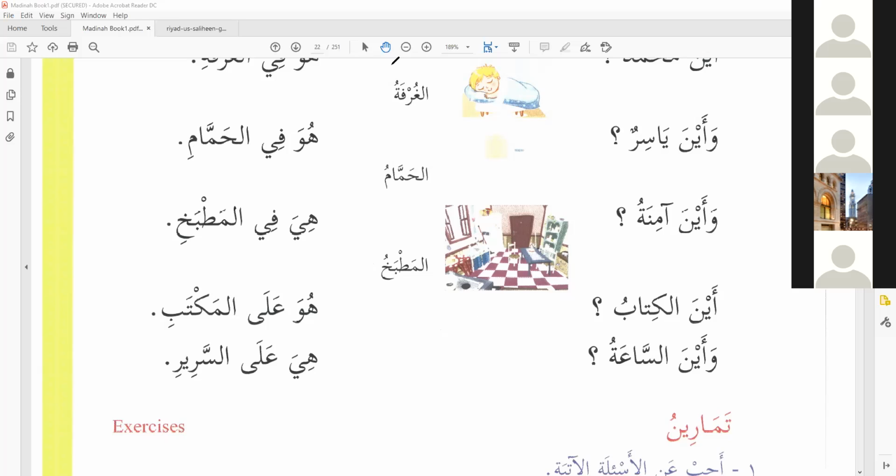The second thing, let me know if that's not clear. The second thing is that, okay, you told us that the mubtada is marfu' and the khabar is also marfu'. Okay? But now we have a talibu fil ghurfa or fil bayt, whatever you want. It's a small ta.